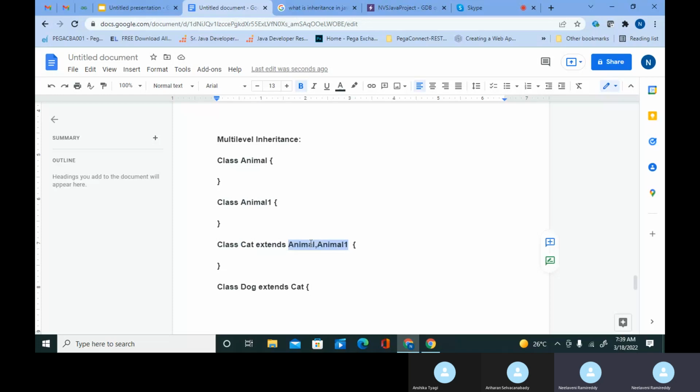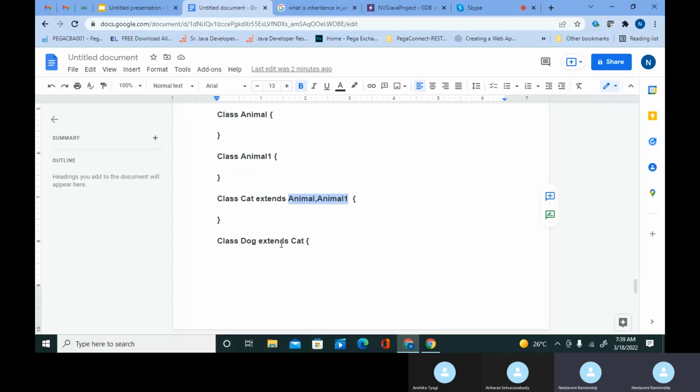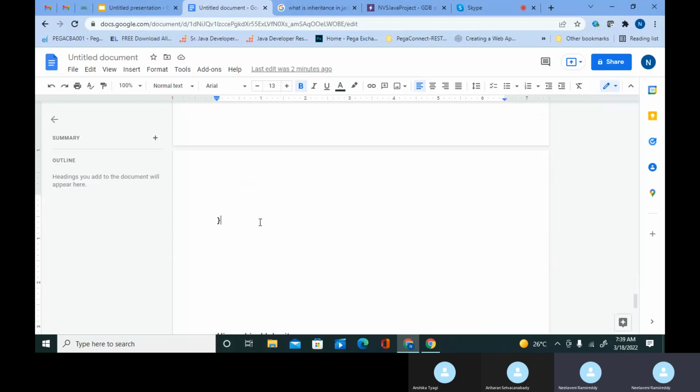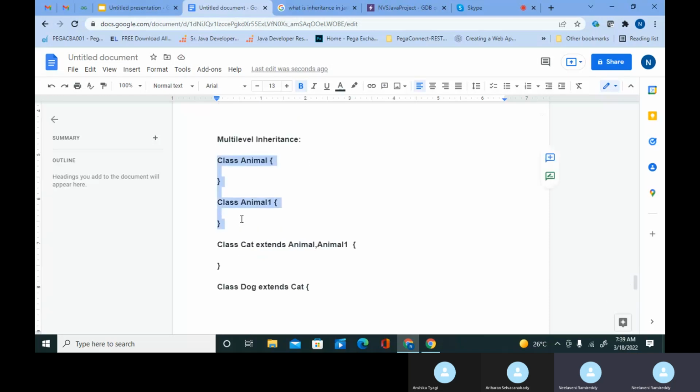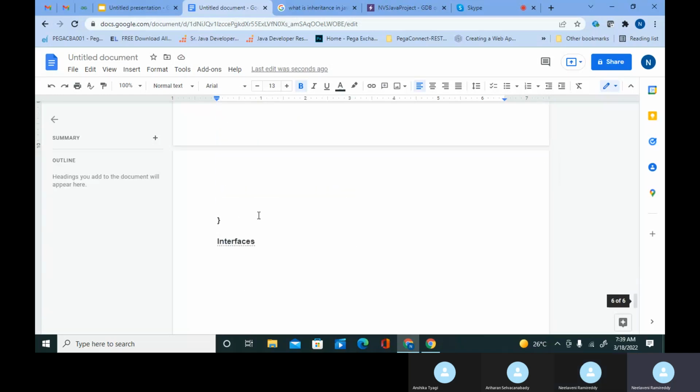But if you want to extend more than two, like two or four, whatever it is, you can achieve that with multiple inheritance, using interfaces. That is a drawback in a Java class. But how it works, I will give the example now.